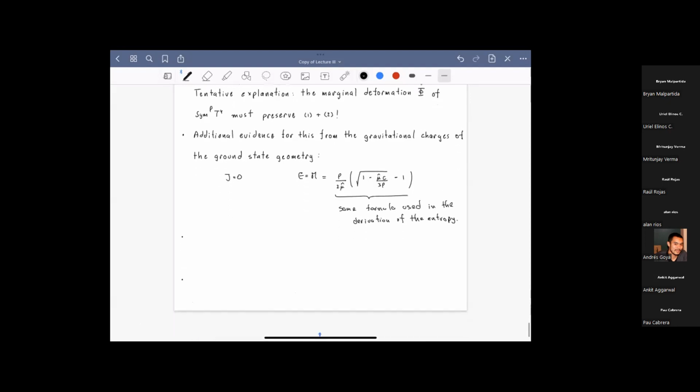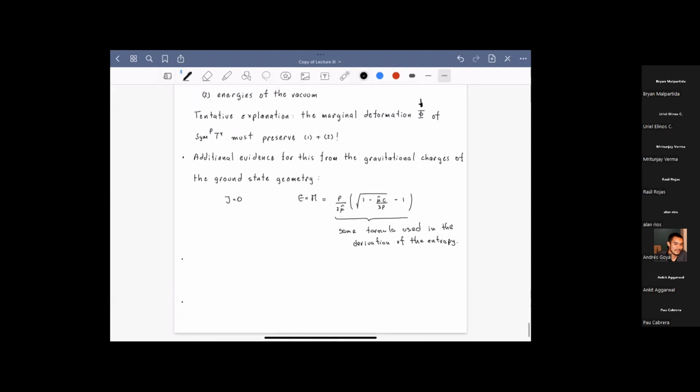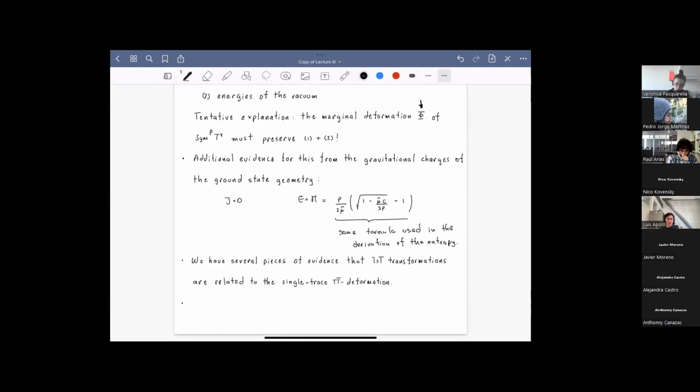Okay, and to conclude, let me just say that I have provided, and I hope I have convinced you, that we have several pieces of evidence that these TsT transform backgrounds are related to single trace TTbar deformed CFTs. And the next obvious thing to try to do is to take the limit when k goes to 1 and to check if we can prove this correspondence exactly in the way that it has been done in the purely AdS3 case, in the undeformed case.